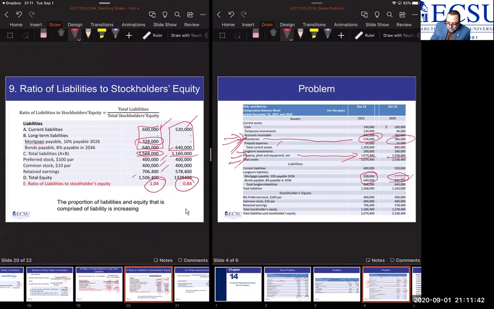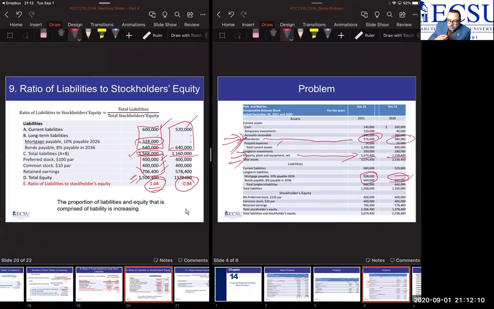That's the total equity. So if I divide the liabilities by the equity, I will get that 1.04 because the liabilities are slightly higher than your stockholder equity. So that is your ratio of liabilities to stockholders' equity.